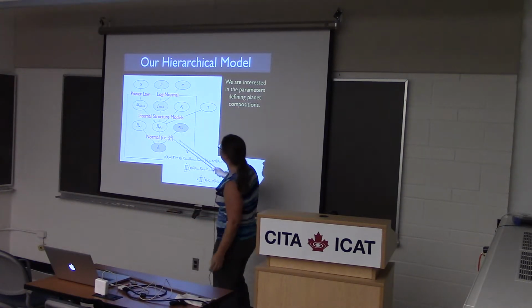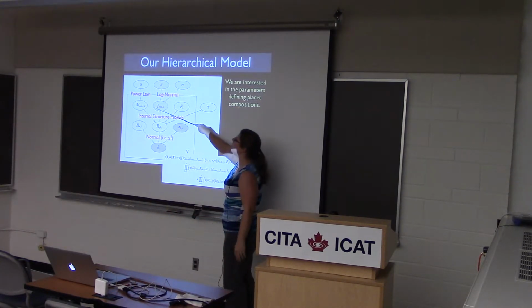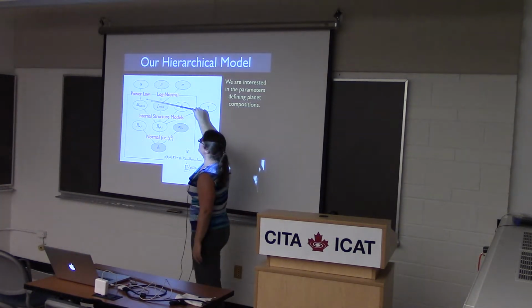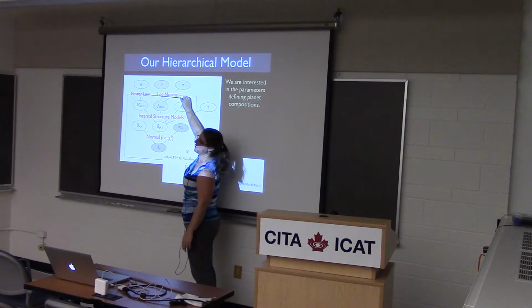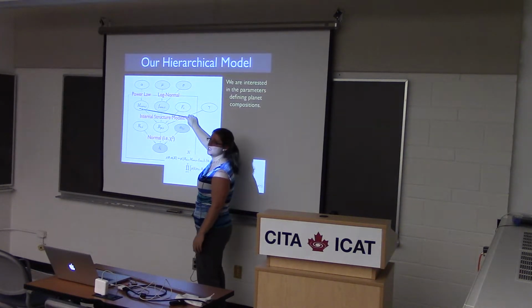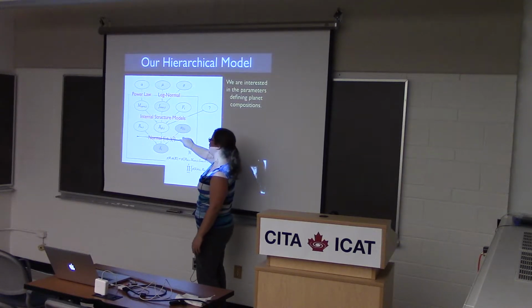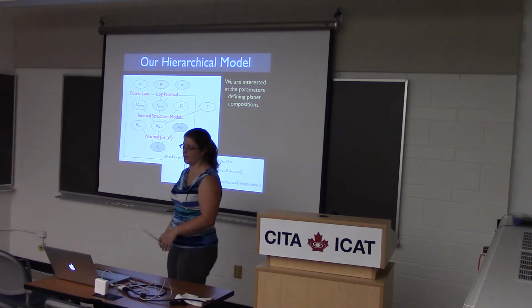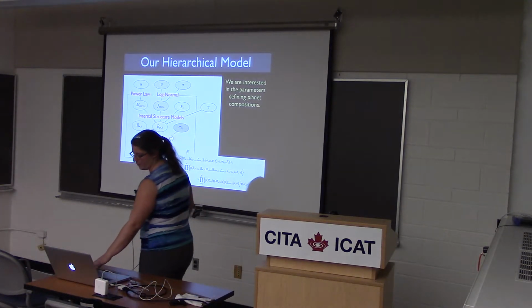With this kind of map, for every arrow there's a relationship. These are the population-wide distributions that we're interested in. Here we have the internal structure model, which is where the theory comes in. And this is where the likelihood is. We've assumed a normal distribution, which is effectively like assuming chi-squared.